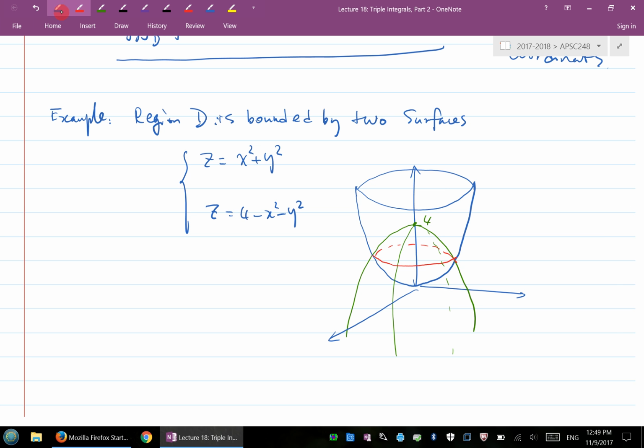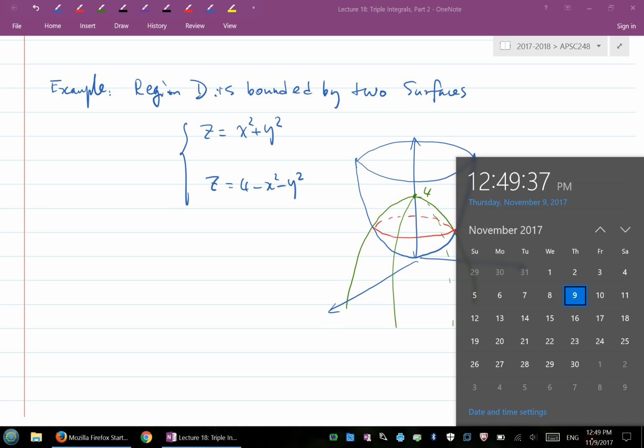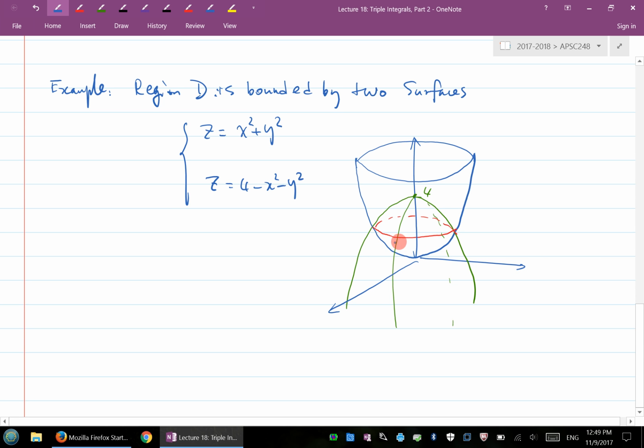So I'll show you how to get this circle here. So anything between this green color and the blue color here, that's your region D. So let's say for this question, what's the volume of this region D? Let's calculate the volume of the region D here.